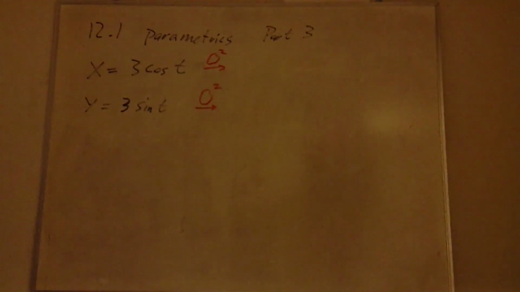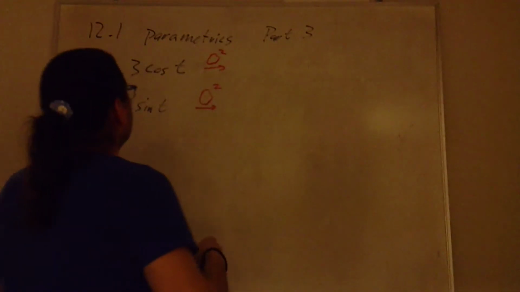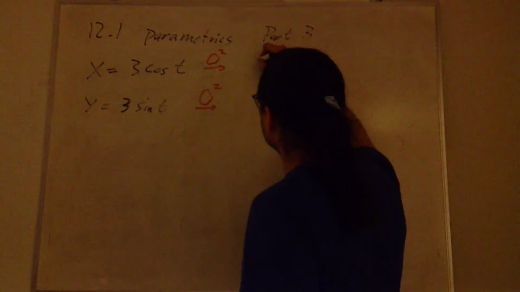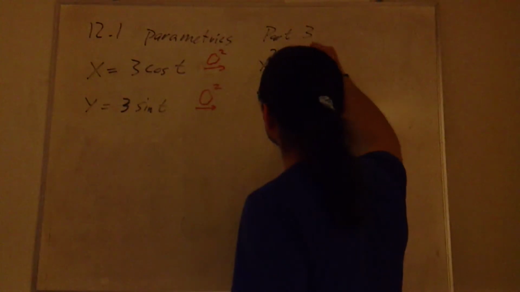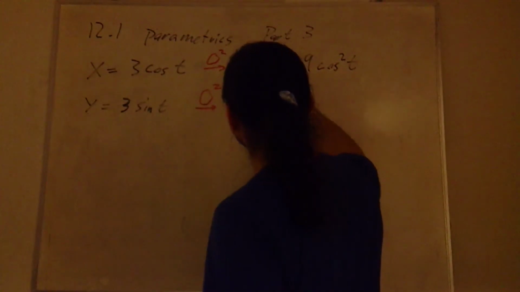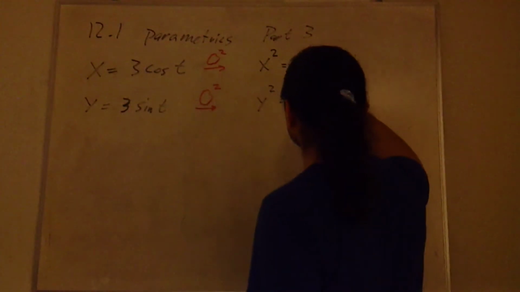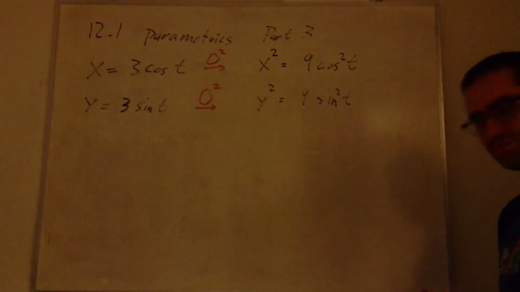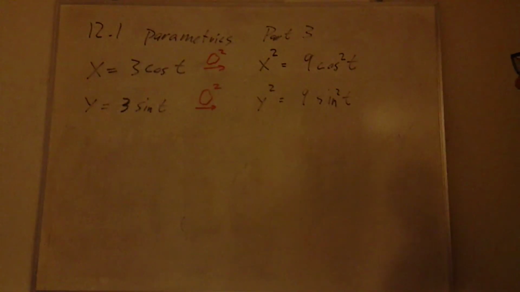And then I'm going to look at what happens. This entire equation, if I square both sides, is going to turn into x squared equals 9 cosine squared t. And this thing is going to turn into y squared equals 9 sine squared t. That is the result of the squaring operation.